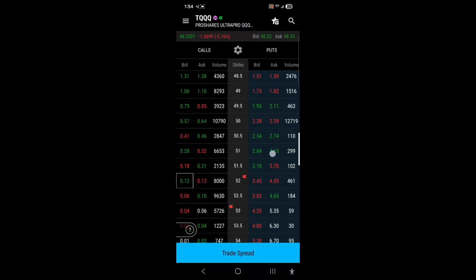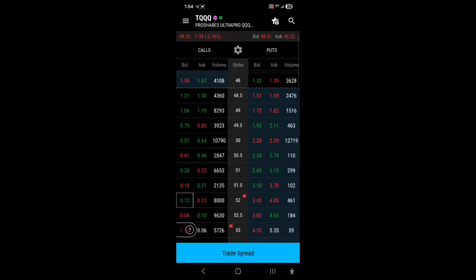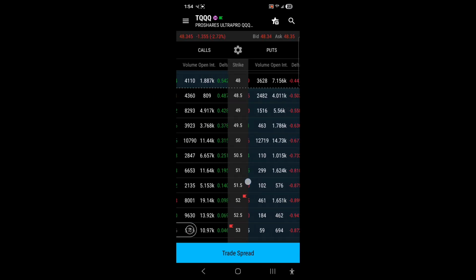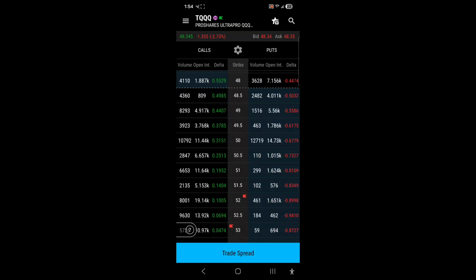So the distance from the strike price that you've selected and the at the money, the dotted line here is at the money. If I swipe left and right, it's called the delta. Right there, it shows the delta of 10.